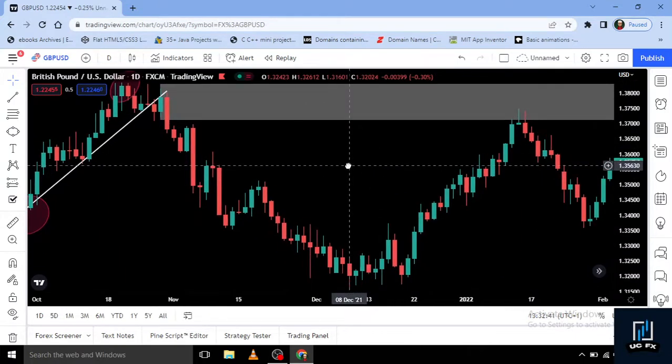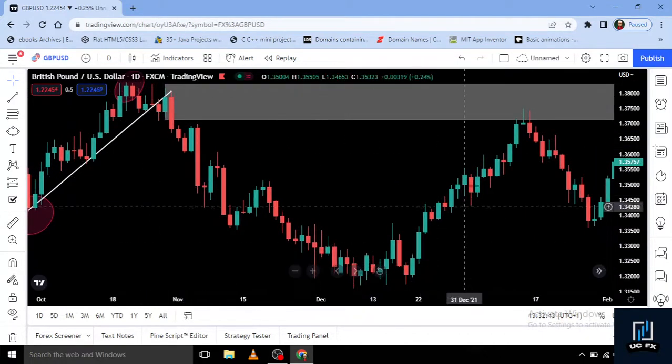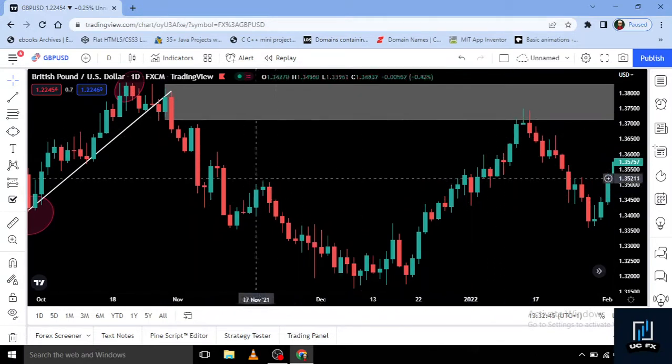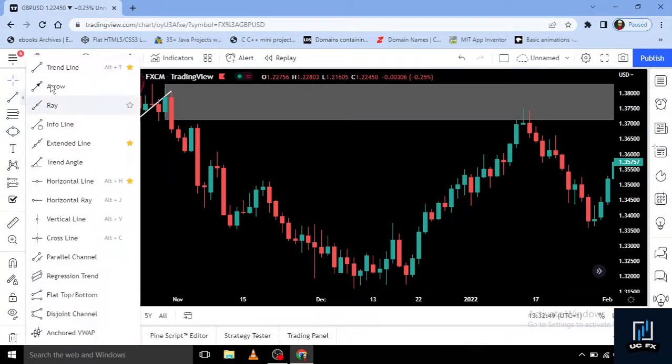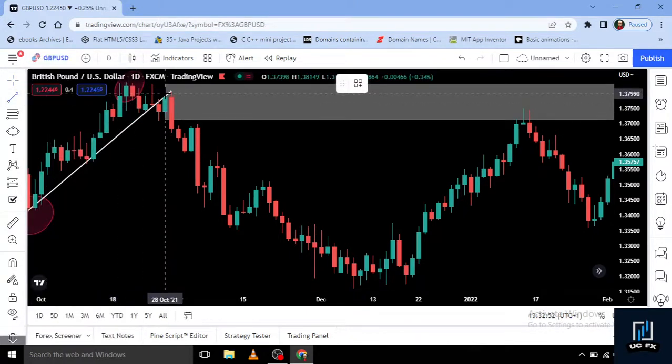Before they went to mitigate this order block, you could also see that we have another liquidity in the market.